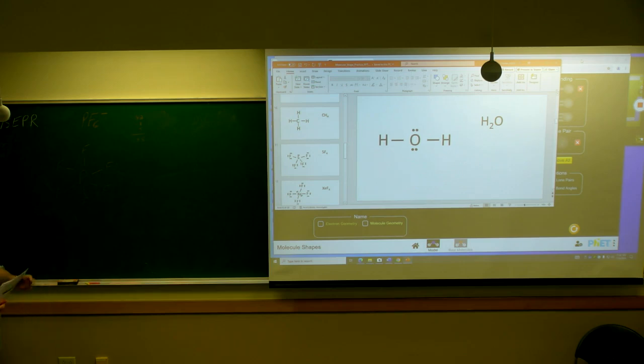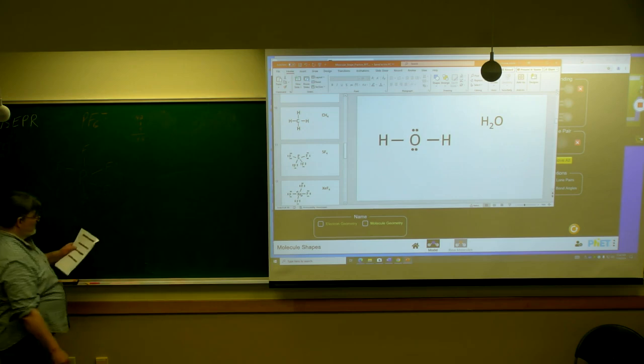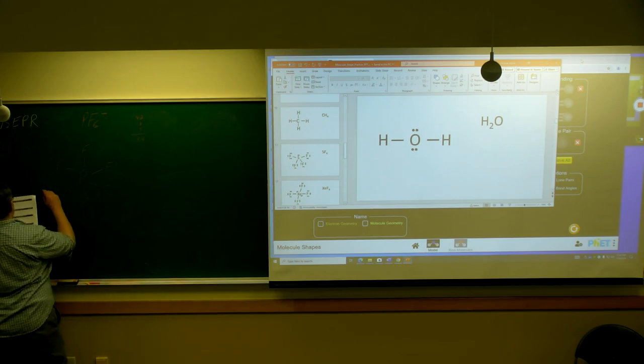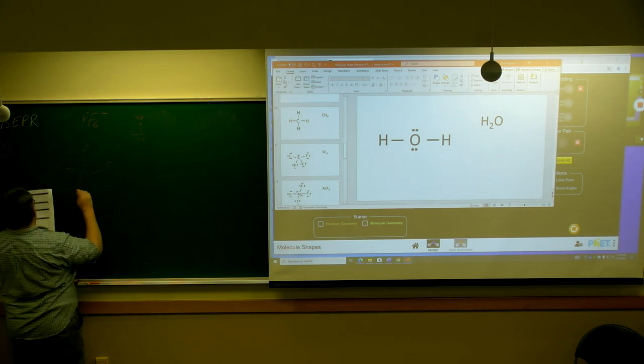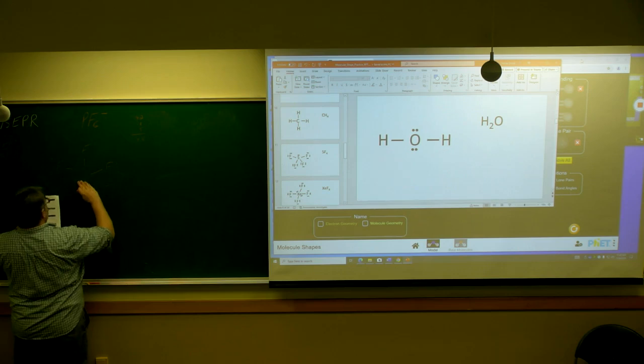Maybe this last page does something. ClF5. Try to do the stuff in my head.